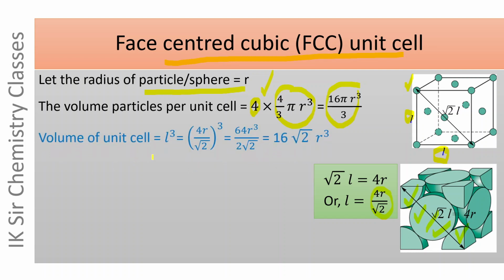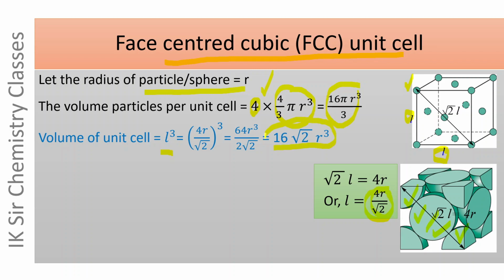The volume of the unit cell will be equal to L cube, and L is equal to 4r by under root 2, and on solving we get 64 r cube divided by 2 under root 2, and on simplifying we get 16 under root 2 r cube.